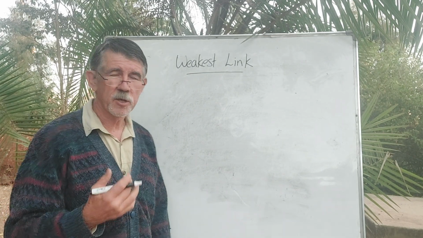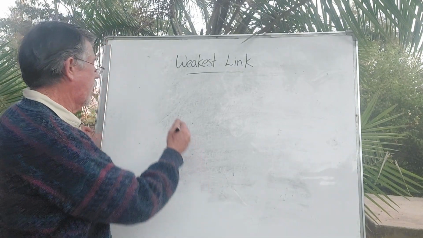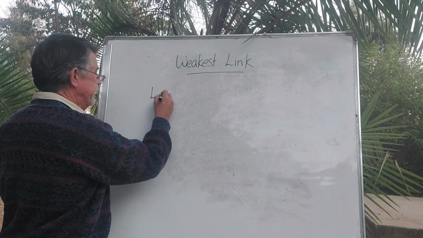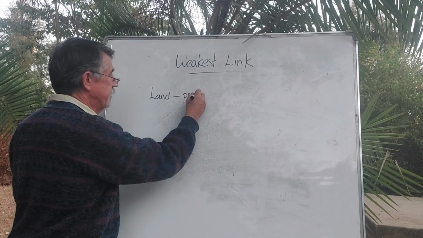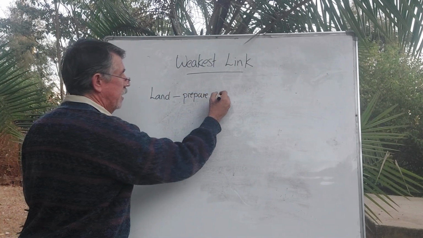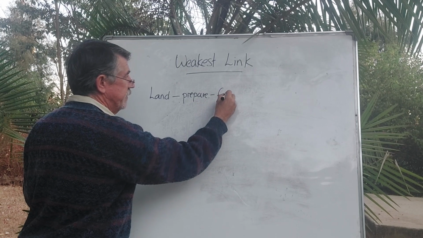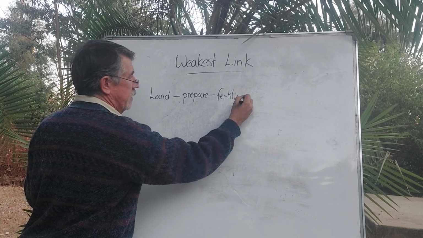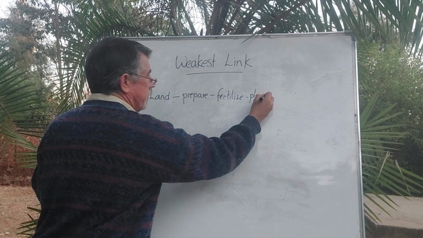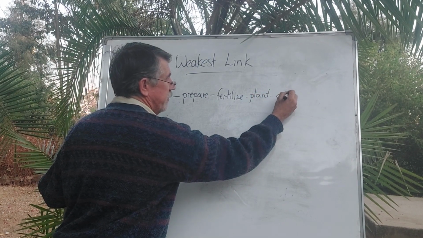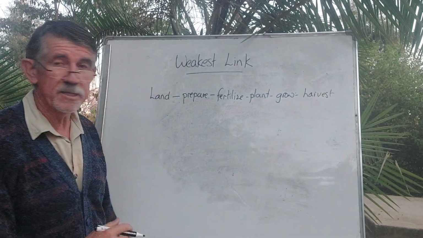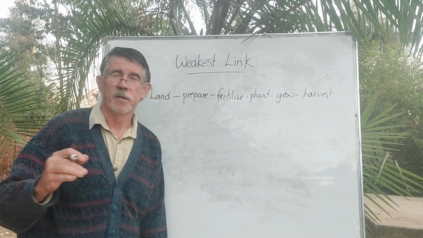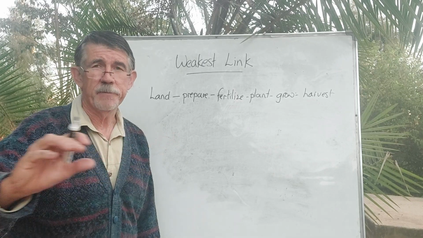Now, if you think about a cropping plan, you begin with land. You then might prepare that land, fertilize it, plant, grow, harvest. Okay, so these are the sequences that occur through that production.